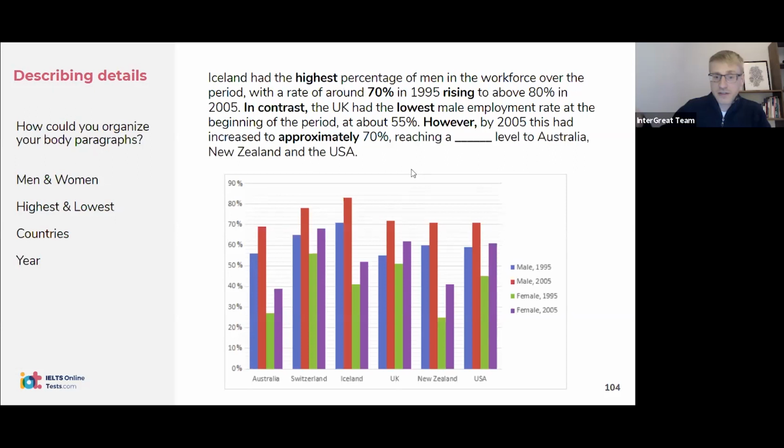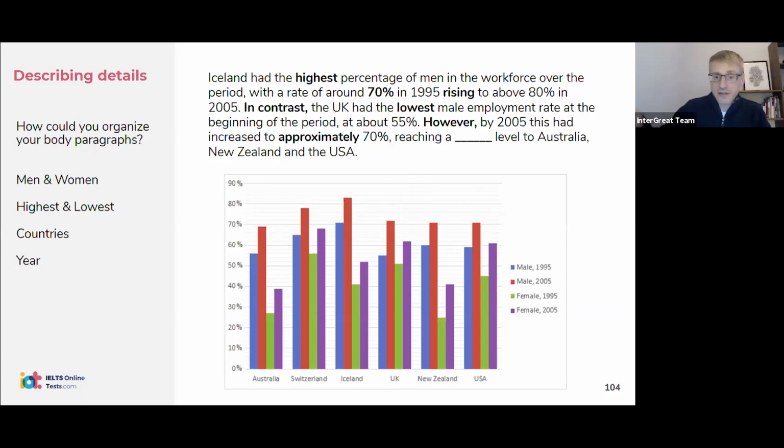Very good. This had increased to approximately 70%, reaching a level similar to Australia, New Zealand, and the UK. So this was, it's about the same, we want to say.